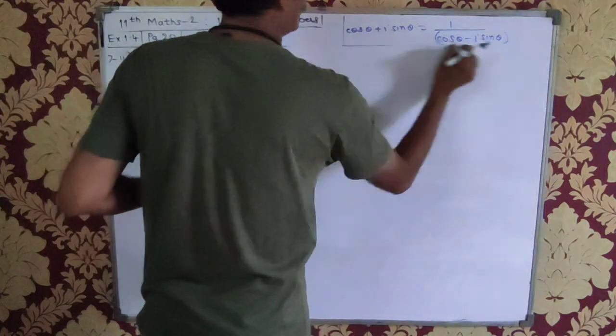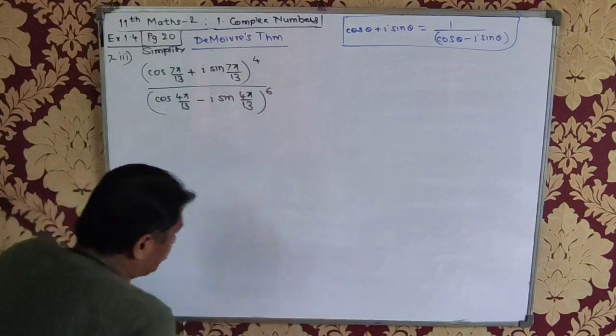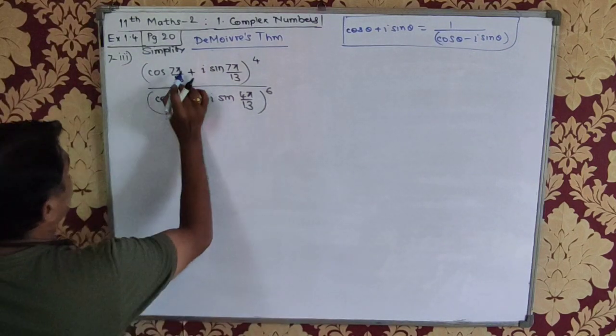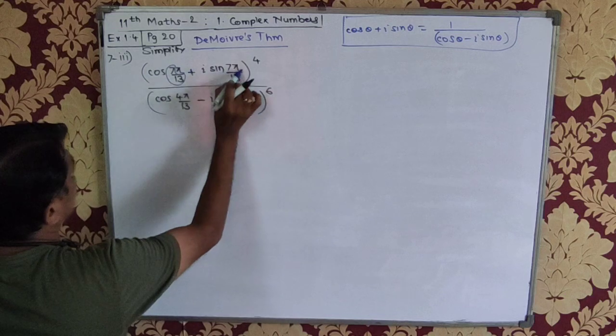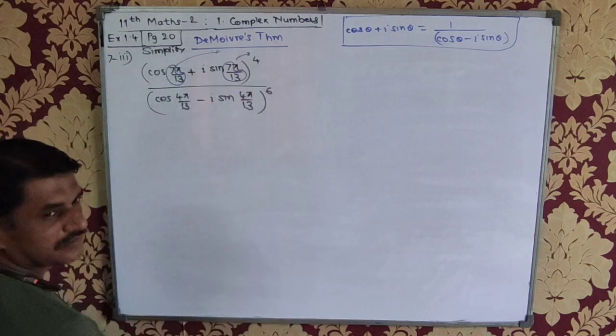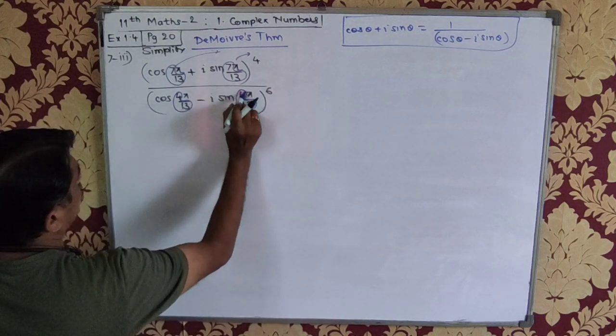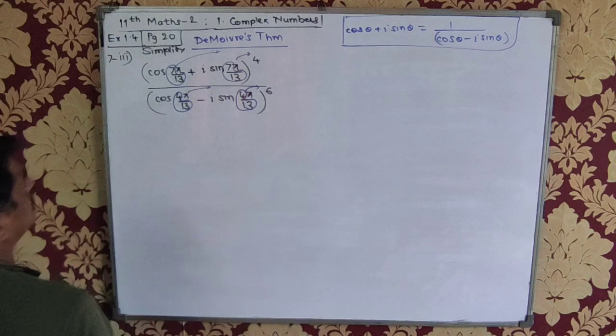This is a very important formula that we make use of. Okay? So here, can I get this 7 upon 13 out? 4 upon 13 out. क्या मिलेगा?